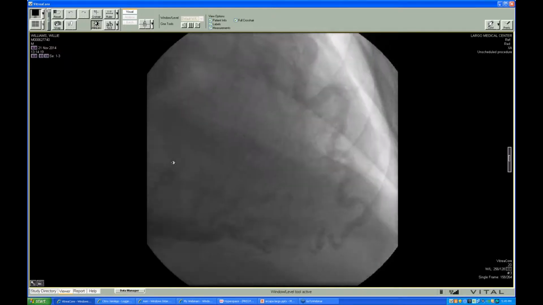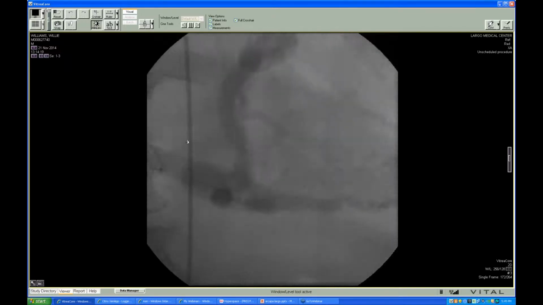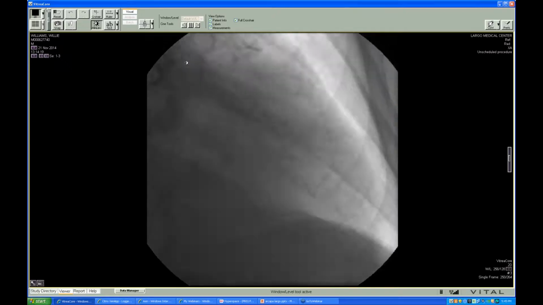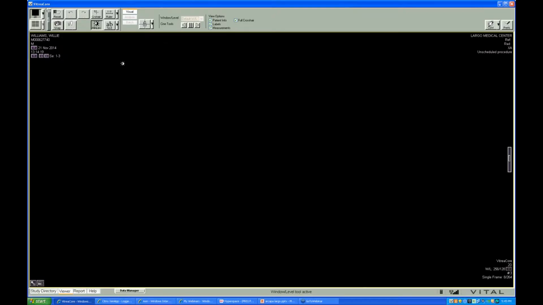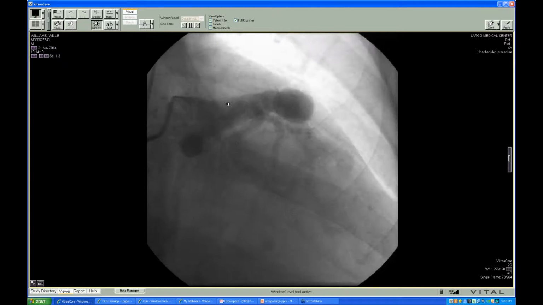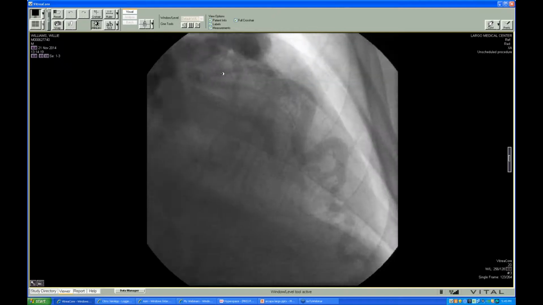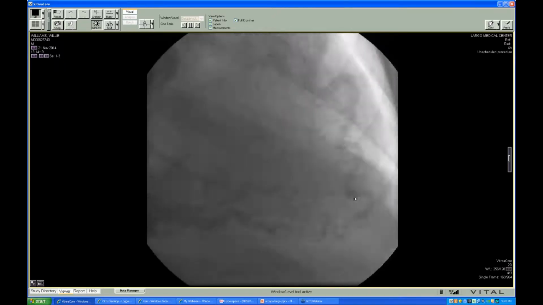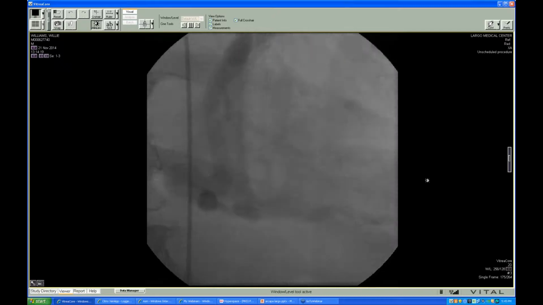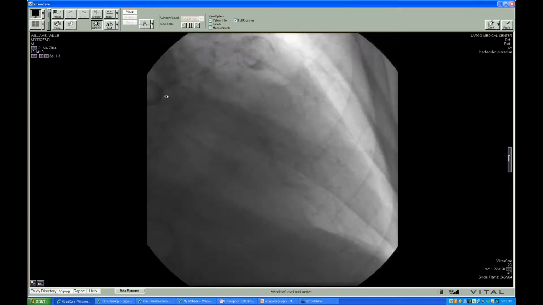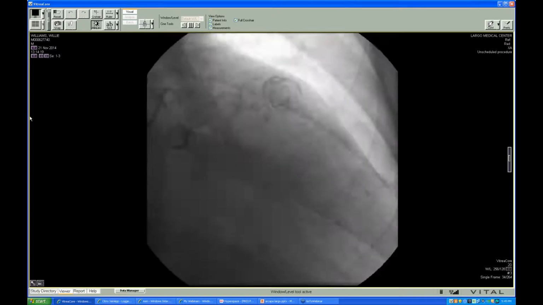From what we thought, it was retrograde flow from collaterals on the left to the RCA going back up to the pulmonary artery.